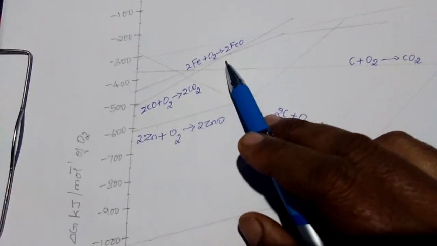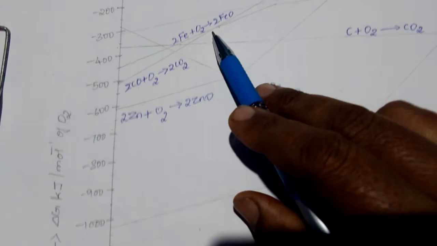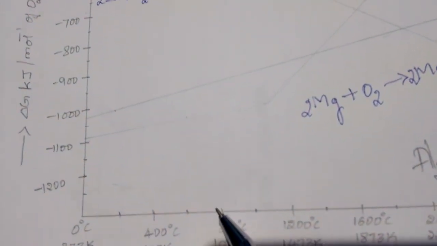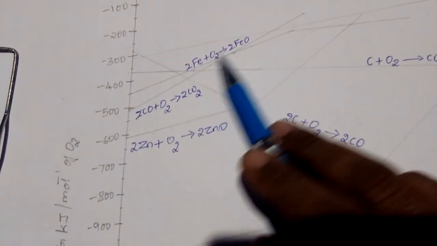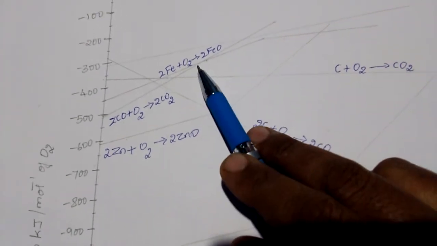I repeat, carbon monoxide can become a reducing agent for iron oxide at nearly 1073 Kelvin or nearly 900 degrees Celsius, you can see. But above this it cannot reduce the iron oxide.